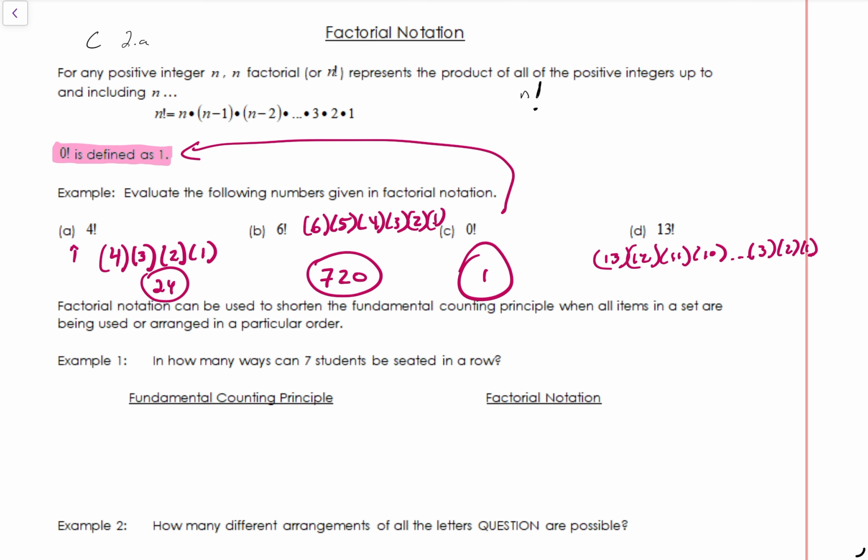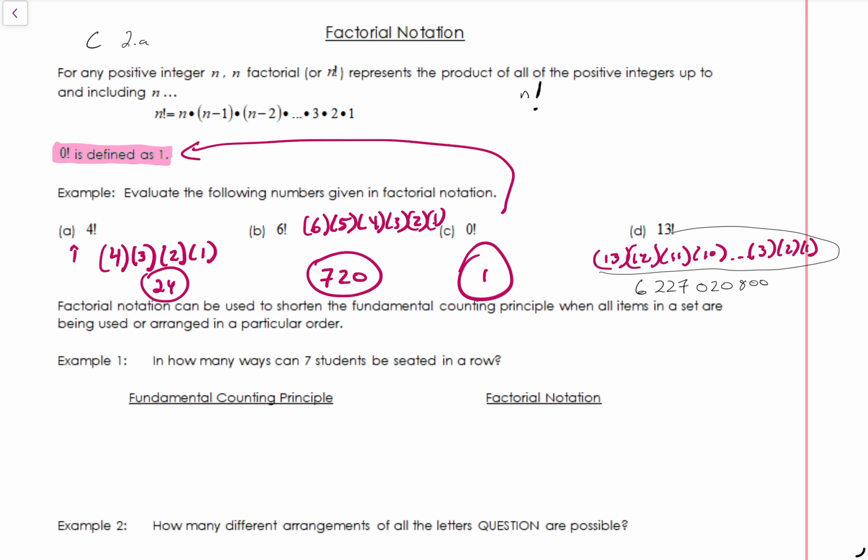And if I type in 13 factorial, it is a really big number. I believe it's 6,227,020,800. So these factorials really explode quickly. So 13 factorial is a very large number.